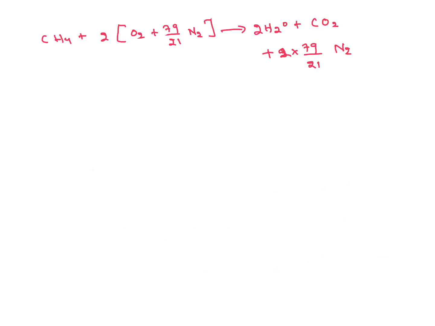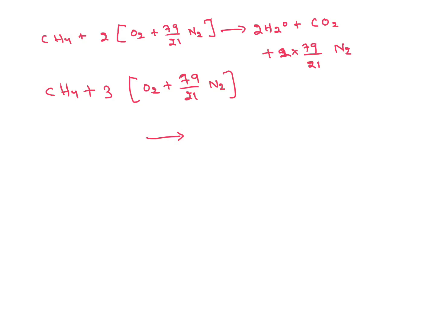So 50% excess air, so 1.5 times the air. 1.5 times 2, you will get 3 O2 plus 79 by 21 N2.